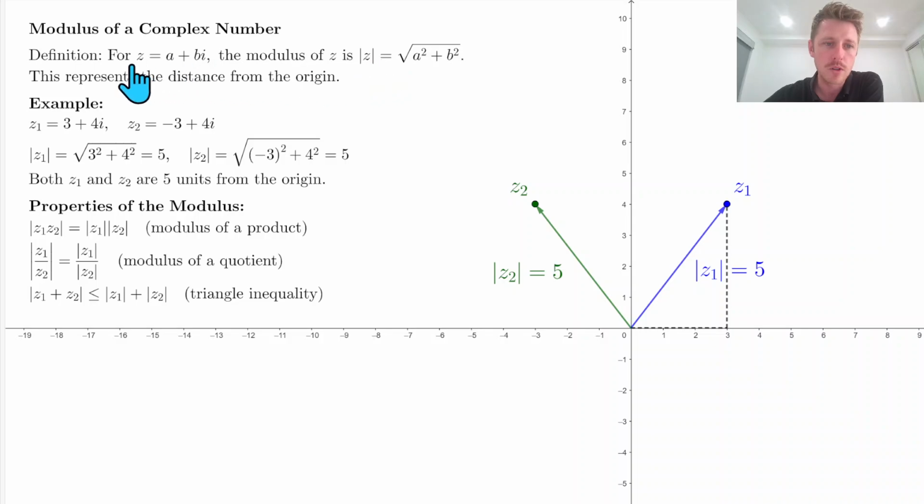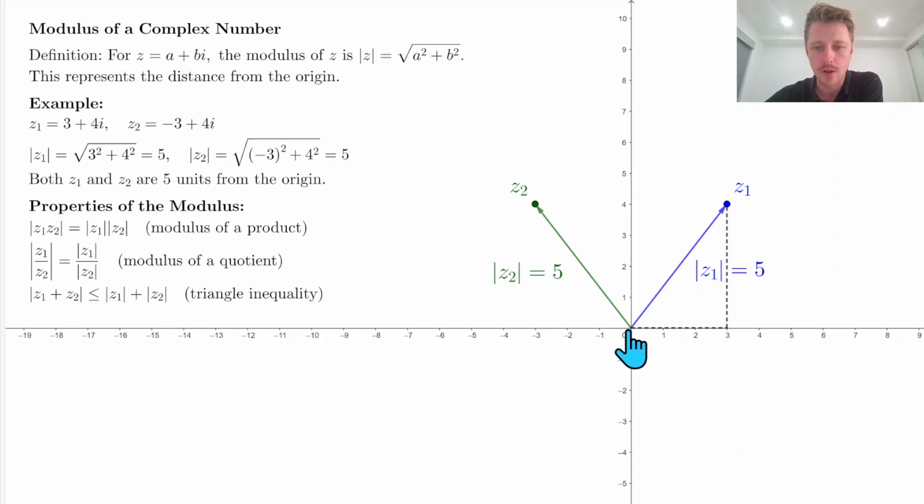If we want to find the modulus of z, we're essentially just finding the length of the vector that would point from the origin to that number. So in the example we have here, the complex number z1 is 3 plus 4i. Now 3, remember, is the real part of the complex number, and 4 is the imaginary part. So it's sitting at this point here. And then we know that this is a nice Pythagorean triple.